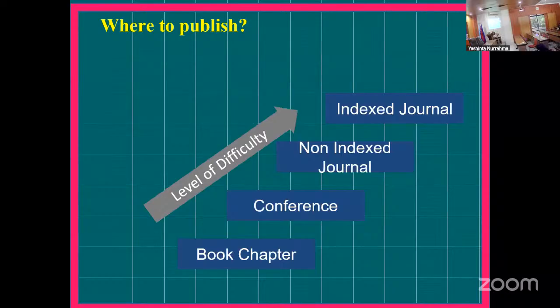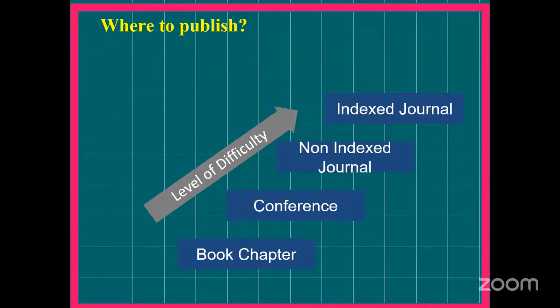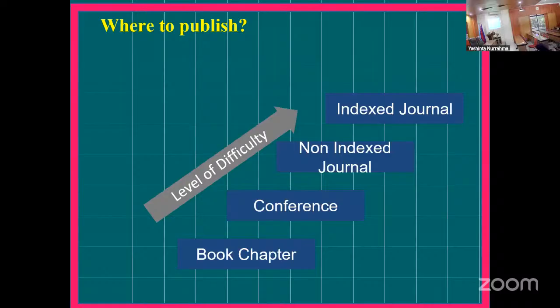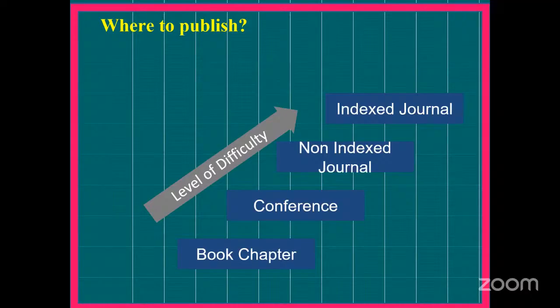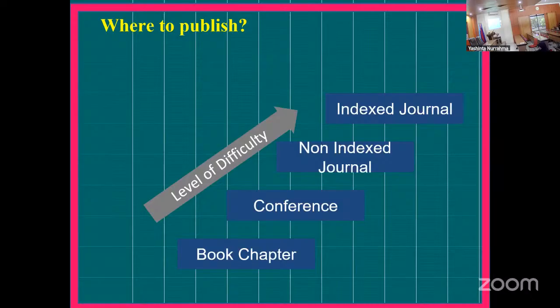As you know, there are indexed journals. As I mentioned, there are two types of indexed journal: Web of Science and Scopus. The remaining journals we may call non-indexed journals. Some are indexed by Google Scholar, some by ResearchGate, and some are in the open access directory. That means they are not indexed anywhere else.